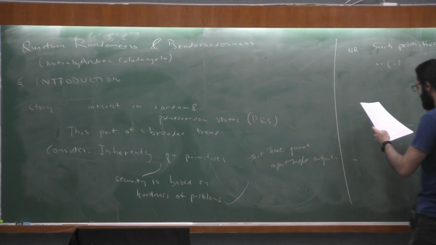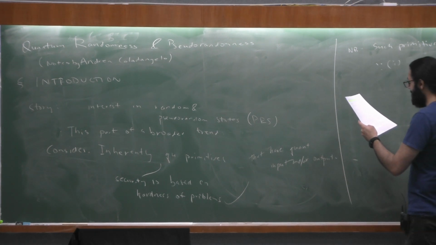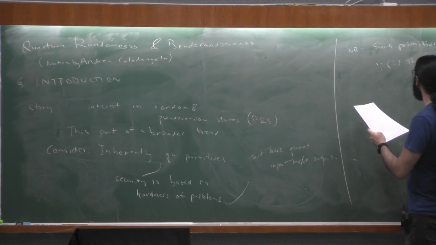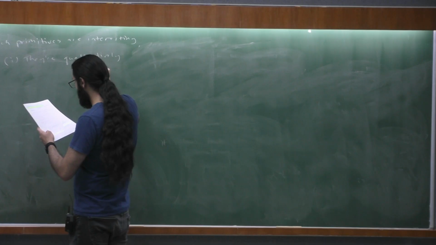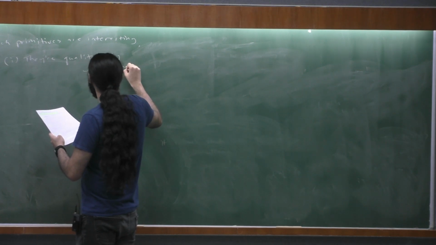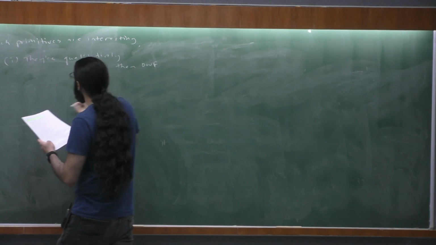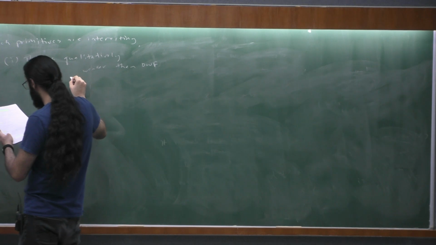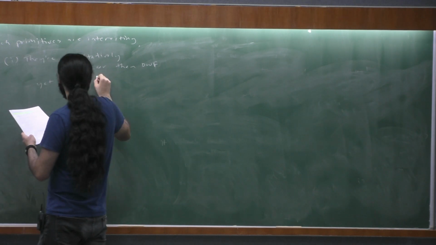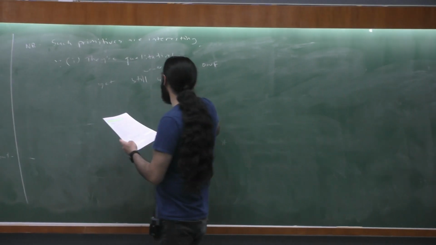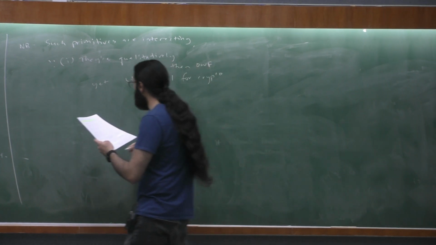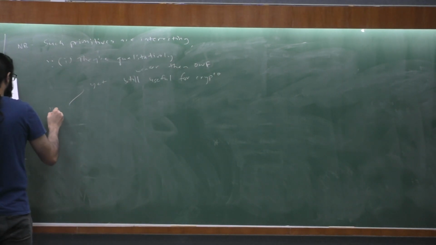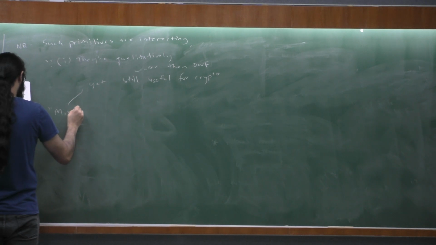Because one, they're qualitatively weaker than one-way functions, and yet still useful for crypto. This is basically trying to answer the minimal assumptions program.